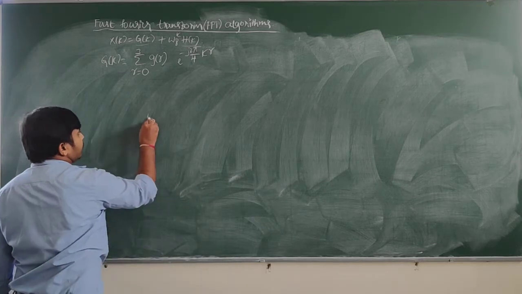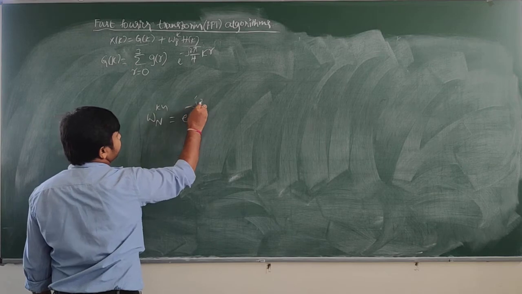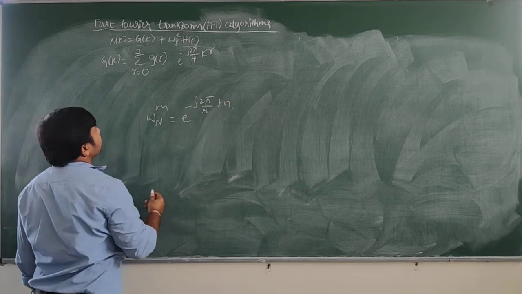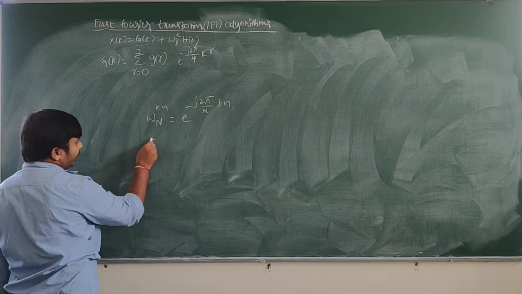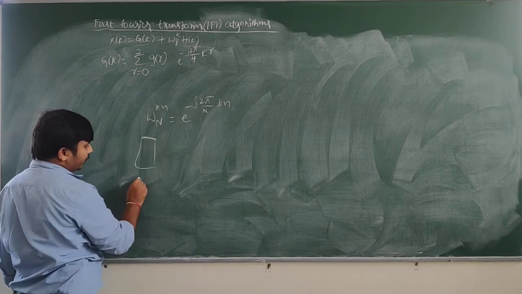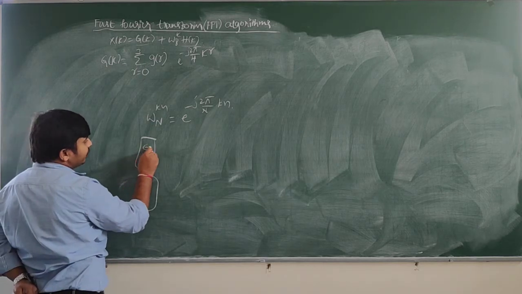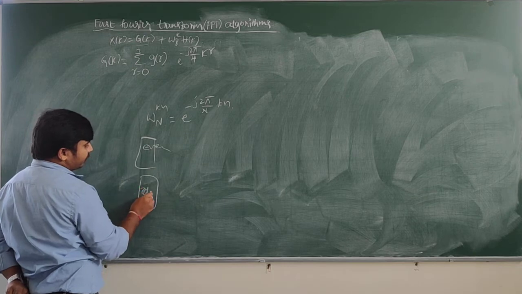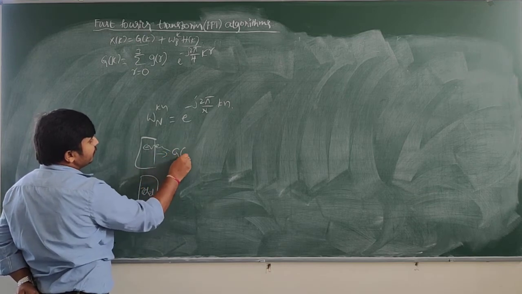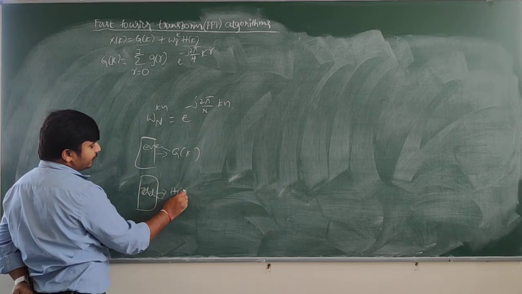W n power kn is given by e power minus j 2 pi by n into kn. Here that 8-point DFT sequence is split into two 4-point DFT sequences, one even and another one odd. So this even sequence consists of g of k and this odd sequence consists of h of k.